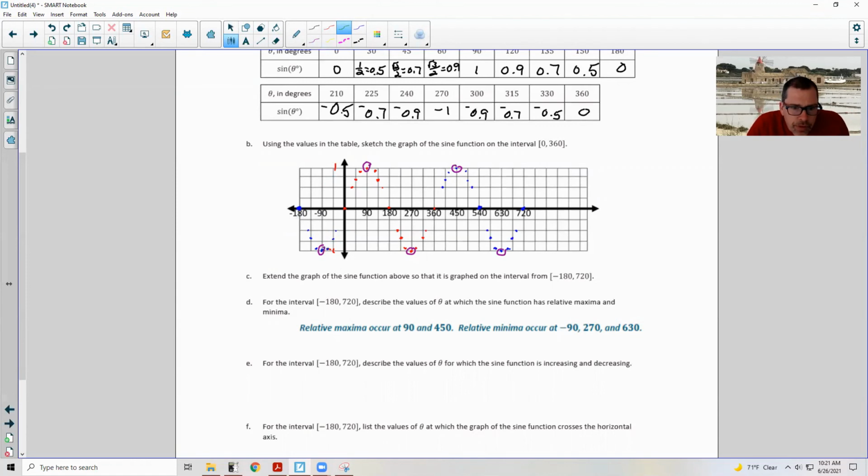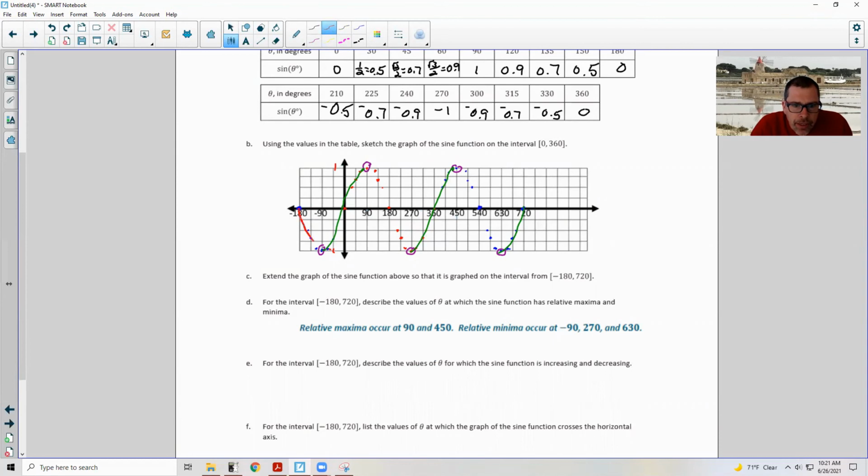It's really difficult with this pen. All right, so here is where it is increasing until we get to the maximum. So from a minimum to the maximum, going left to right, it increases. That is going to increase again here. And it also increases here. Okay, so those are the values of the sine function where it's increasing, and I'll do the decreasing in red.